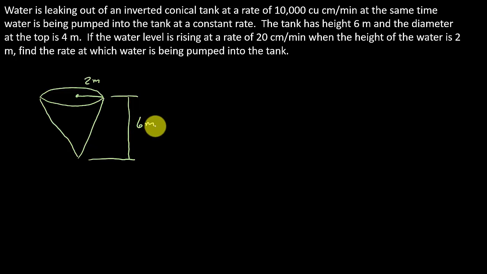Now what they're looking for is to find the rate at which the water is being pumped into the tank. Well, let's see what else it gives us. It tells us the water level is rising, so let's sketch that in.